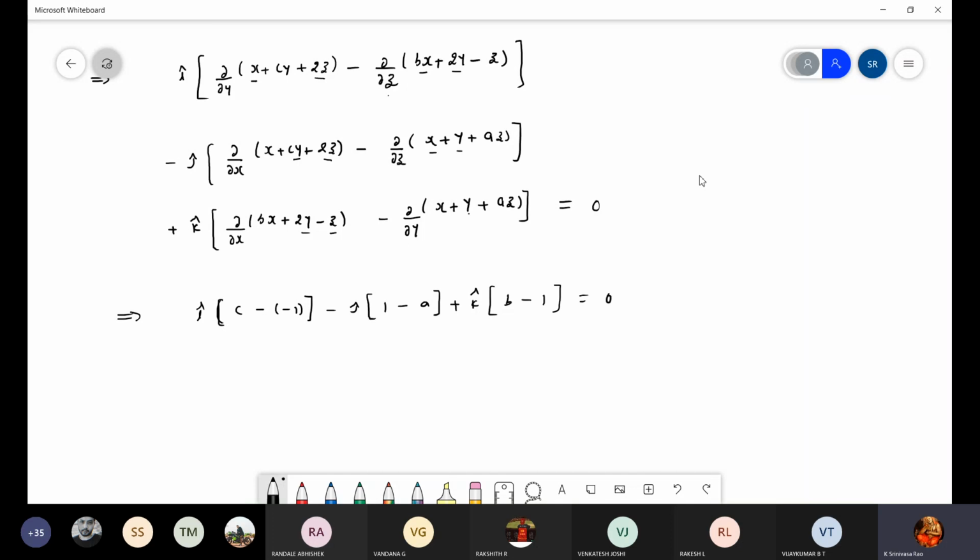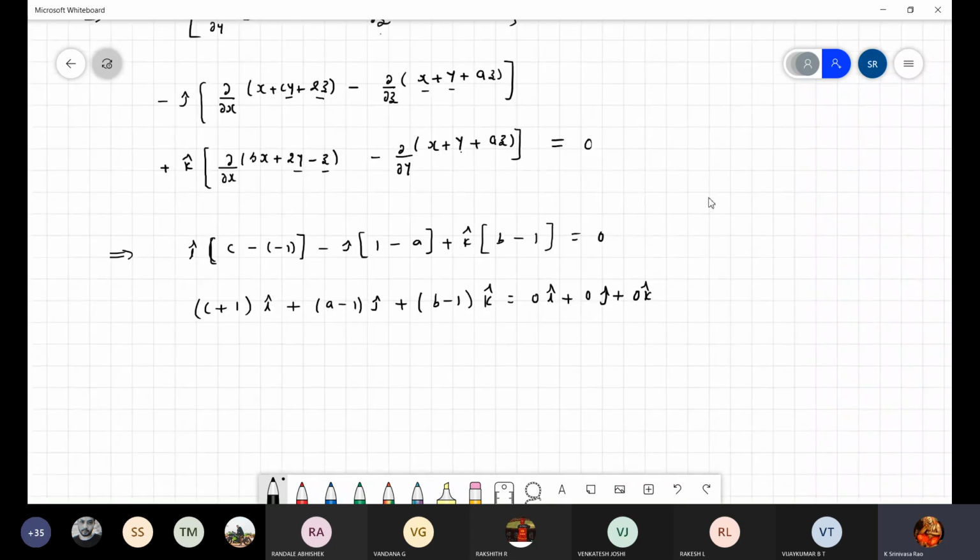So rewrite this as (c + 1) i cap. Now multiply minus inside, so 1 - a becomes (a - 1) j cap, and plus (b - 1) k cap. That is equal to 0, which can be written as 0i + 0j + 0k.